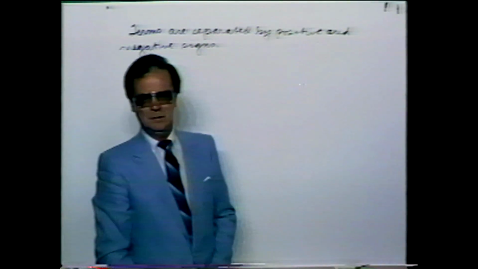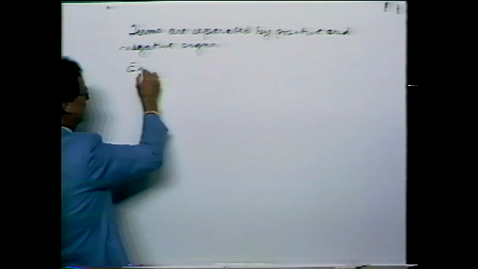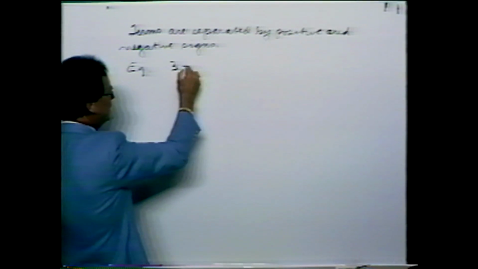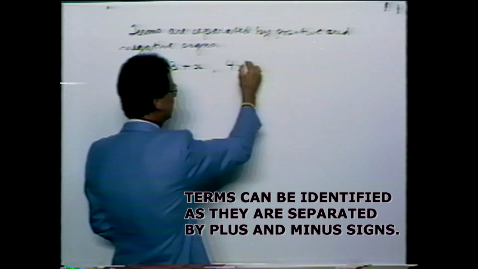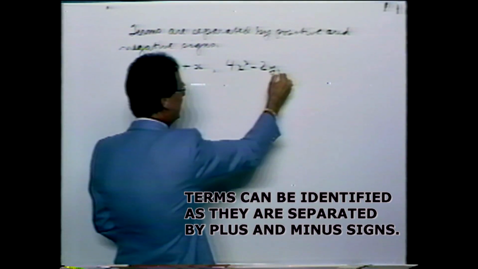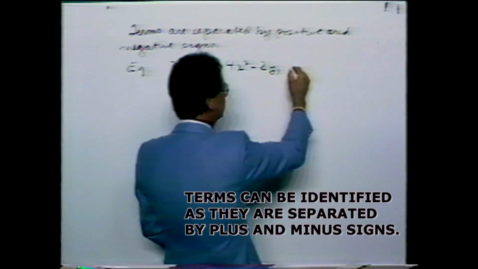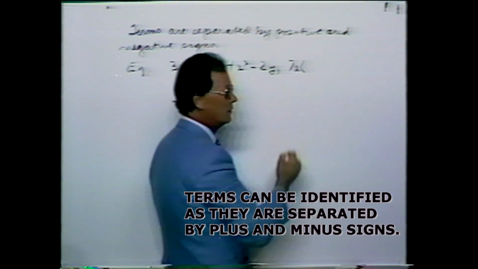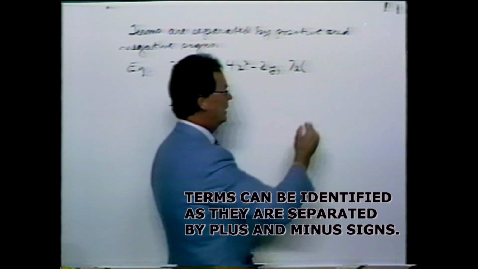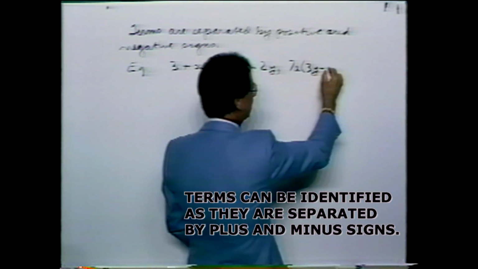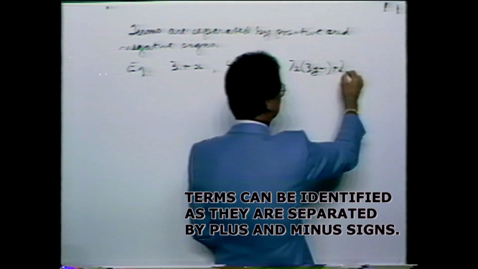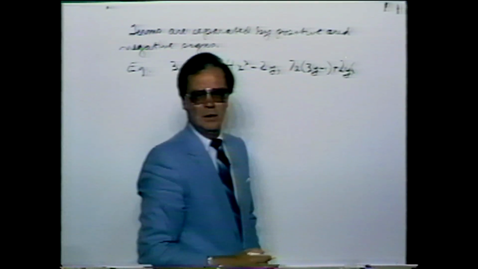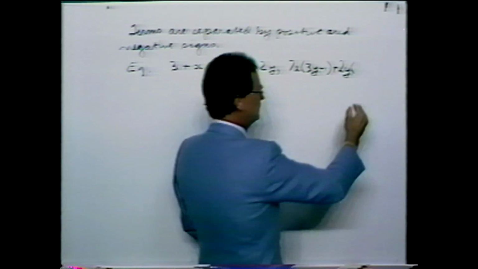For example, 3 plus x. 4x cubed minus 2y. 7x followed by 3y minus 1 and plus 2y followed by x plus 1.